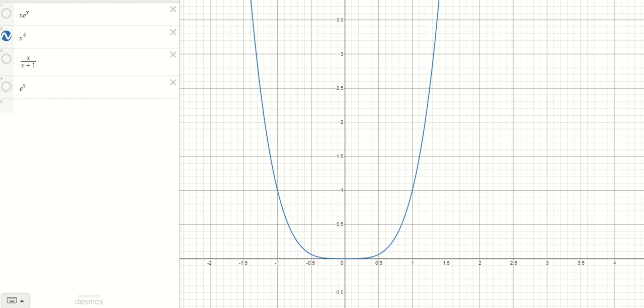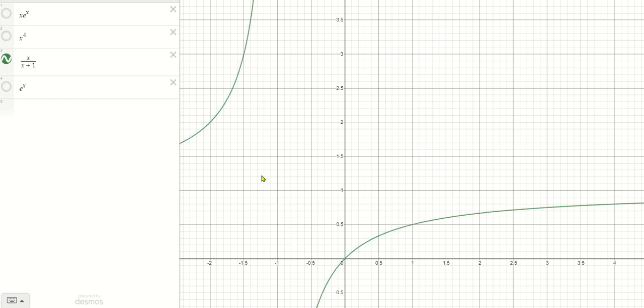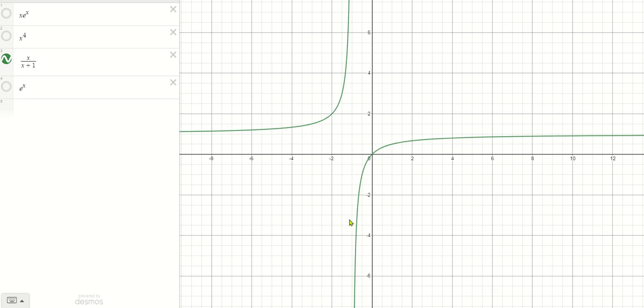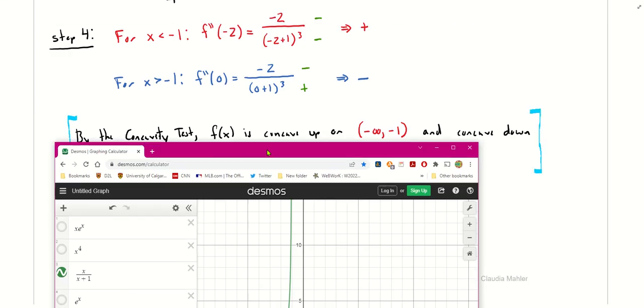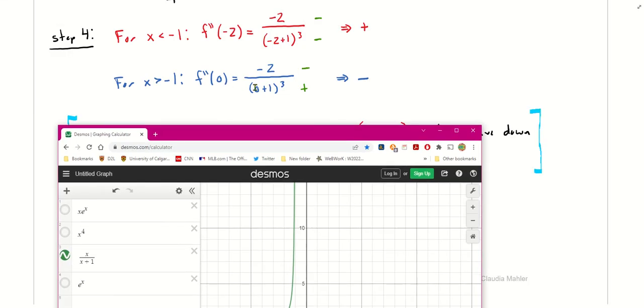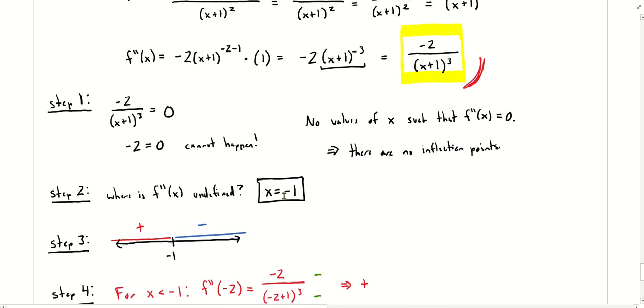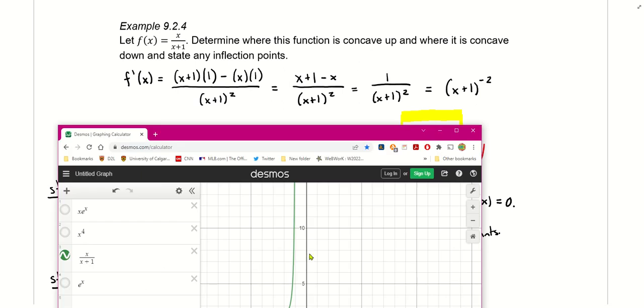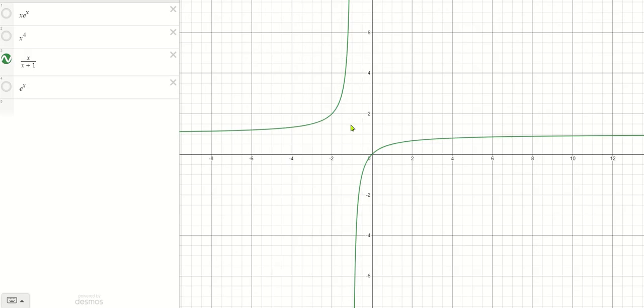And again, if we visualize what's going on here, so that was the previous example, here's this one. x over x plus 1 looks like this. So we can see that negative 1 technically is also where the original function is undefined. So here, at negative 1, the function is undefined. It's actually a vertical asymptote.